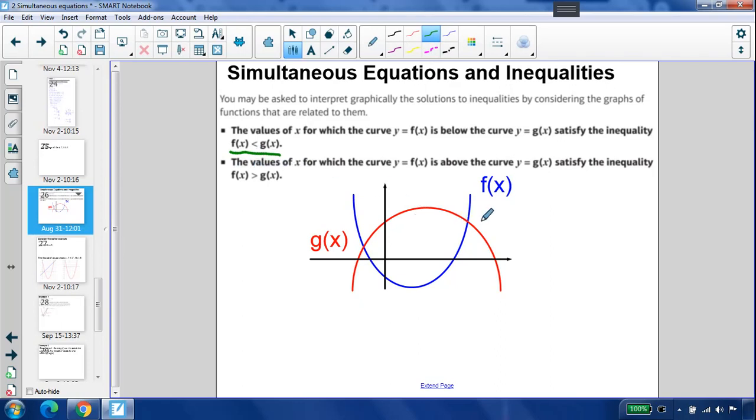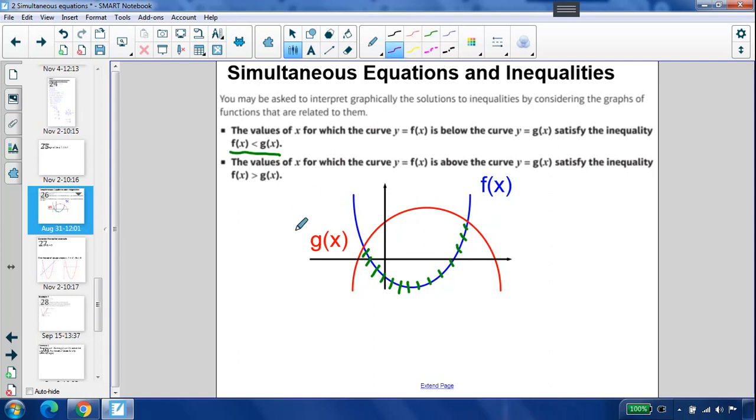So basically we're looking at when the curve of y equals f of x is below the red curve here. So any part between this point and this point, which we would be able to find by solving simultaneous equations.